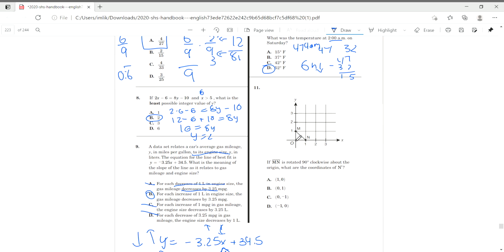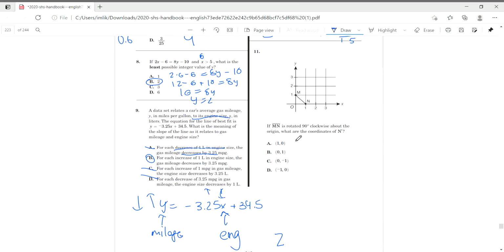And number 11. MN is rotated 90 degrees clockwise about the origin. What is the coordinate of N prime? Okay, so you should know that the rule of a 90-degree clockwise rotation is x comma y turns to y comma negative x.